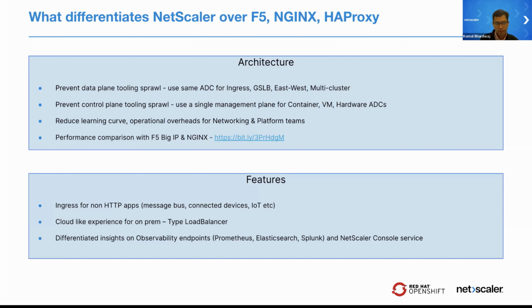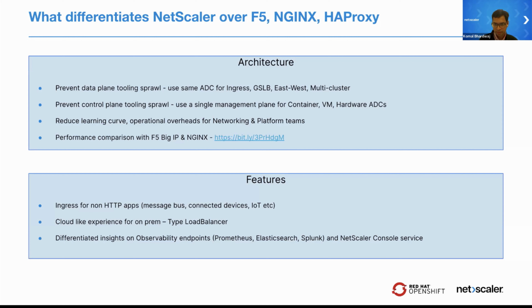The first thing is that NetScaler is the only ADC in the market that allows you to prevent a sprawl of data plane and control plane elements. If you're using F5, Nginx, or HAProxy, you're going to use different images, different flavors, and different ways of configuring the reverse proxy or the ADC.